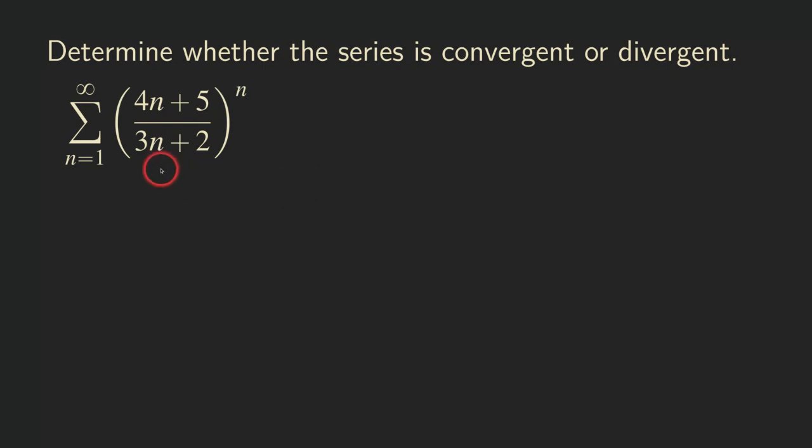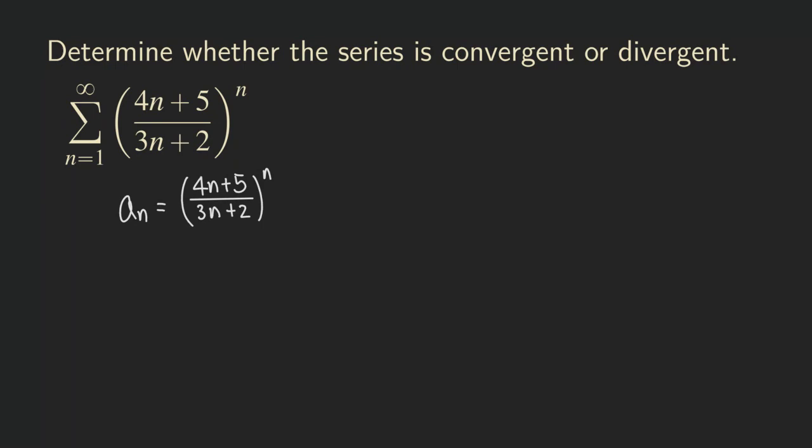So first, we are going to let a sub n be just this whole expression. So that's 4n plus 5 over 3n plus 2, and then we get an n here.